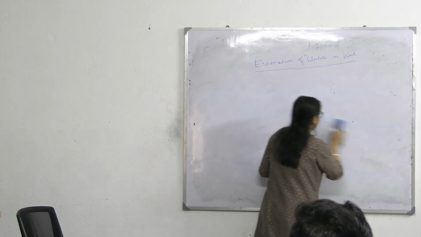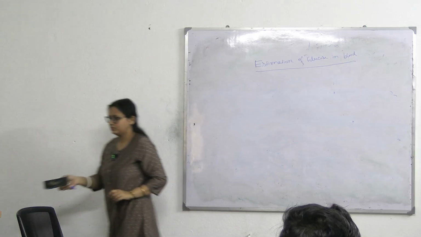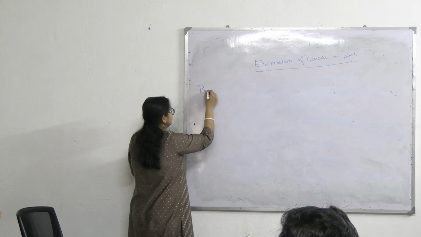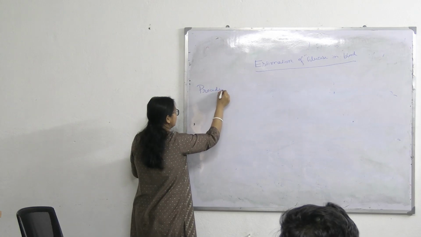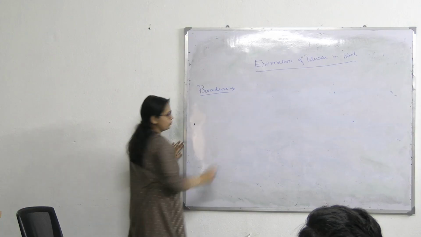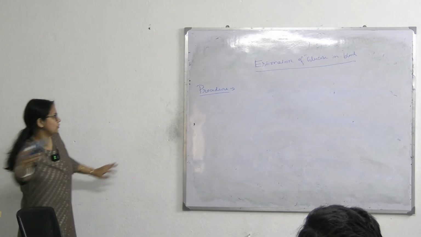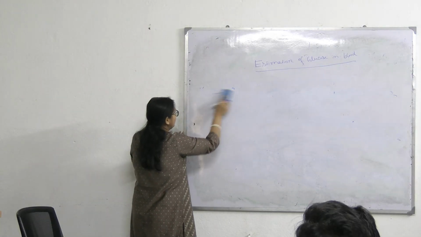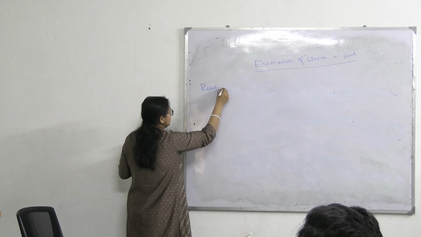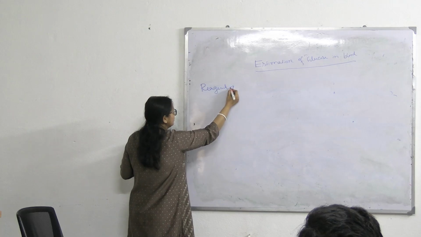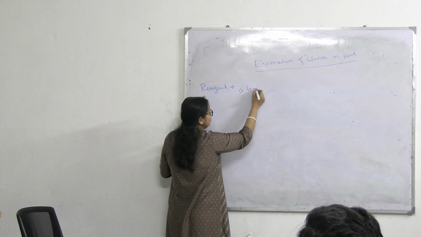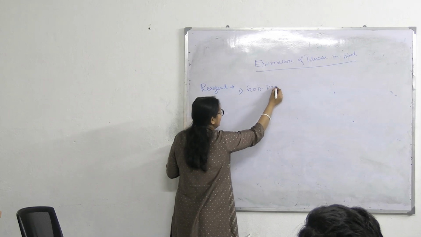Now coming to procedure. আচ্ছা, প্রসিডিওরের আগে, বিফোর প্রসিডিওর you must make a point on reagent. Number 1, glucose oxidase and peroxidase.